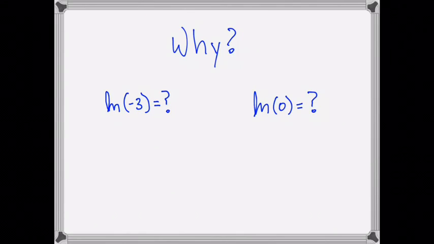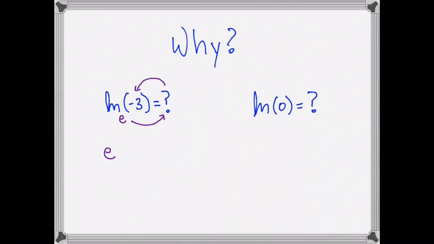Okay, so from the previous problem here, why doesn't this work? We're just looking at the definition of the log, and we know that the natural log has a base of e. And we say e raised to the question mark is going to give us a -3.